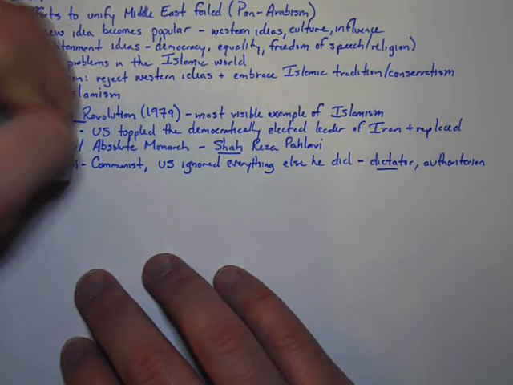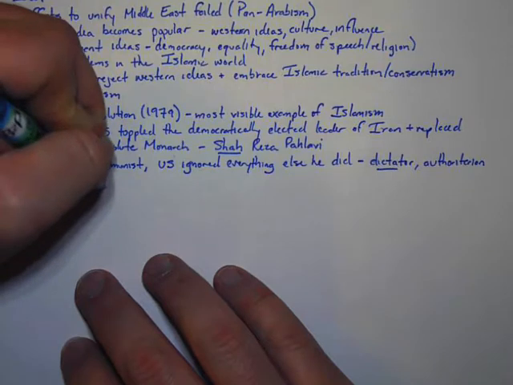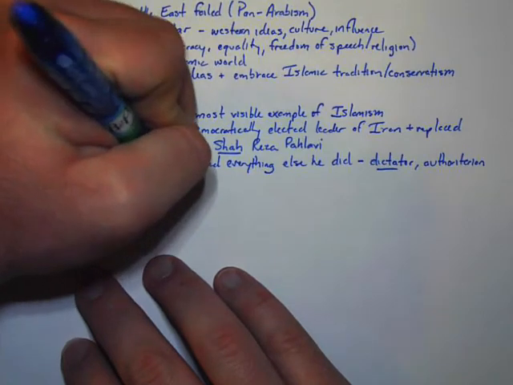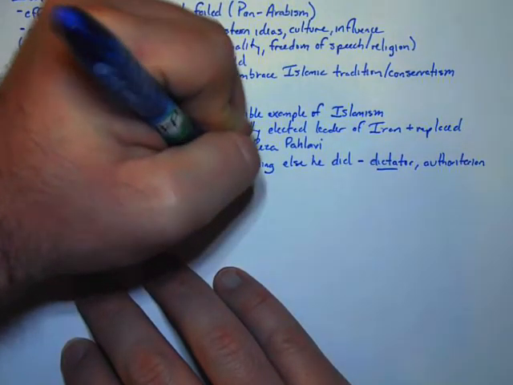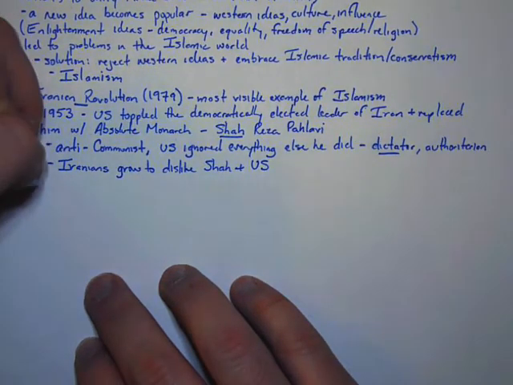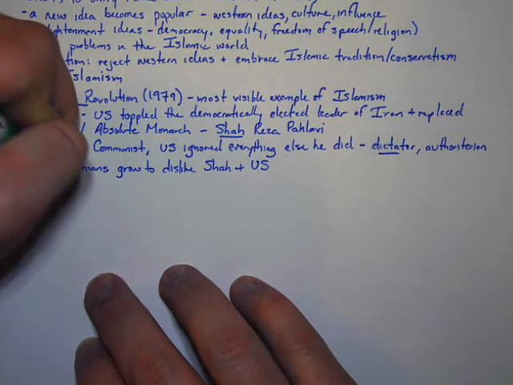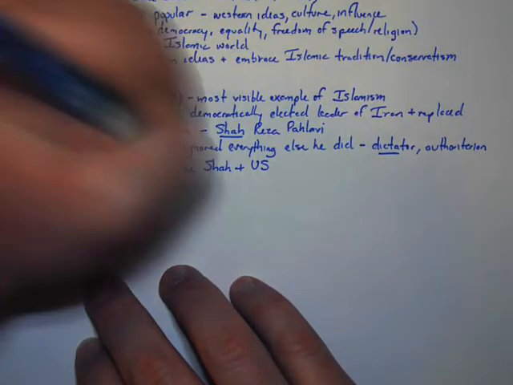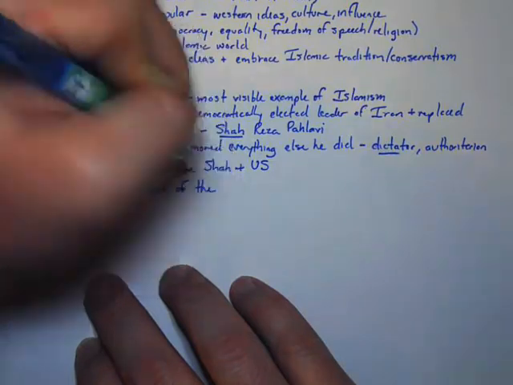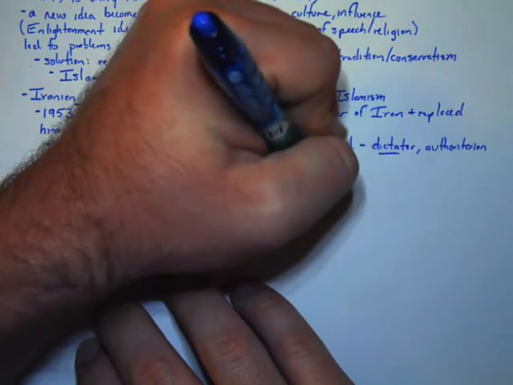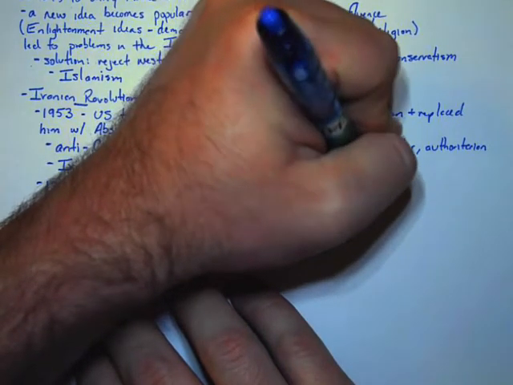So the Iranians grow to dislike the Shah and the United States. So we'll jump ahead to 1979. Now the Shah is out of the country. And while he's gone, religious and military leaders overthrow the government.